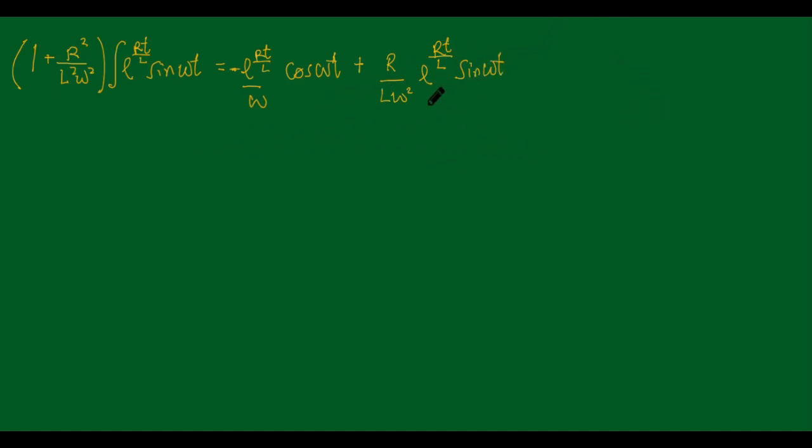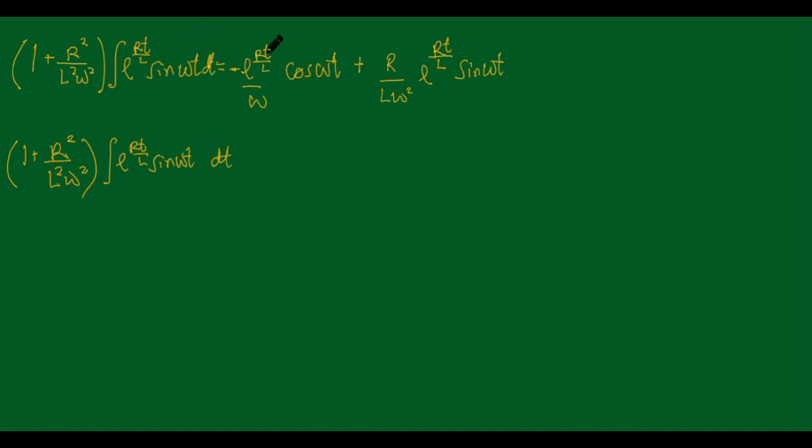We can then factorize e raised to power Rt over L out in the right hand side. So we have 1 plus R squared divided by L squared omega squared multiplied by the integral of e raised to power of Rt over L sine omega t dt.